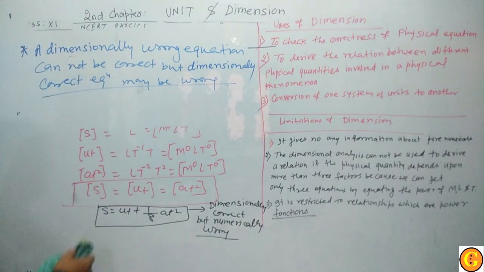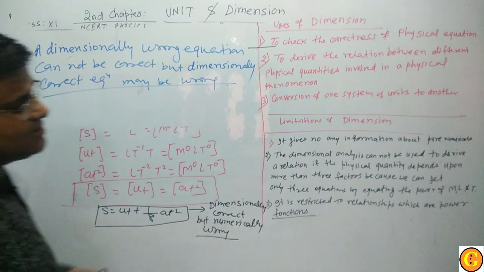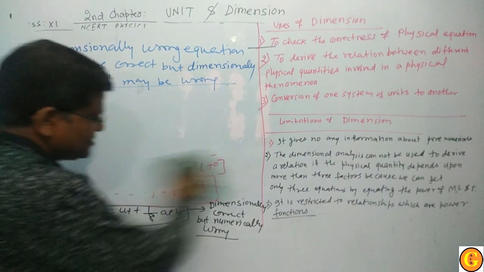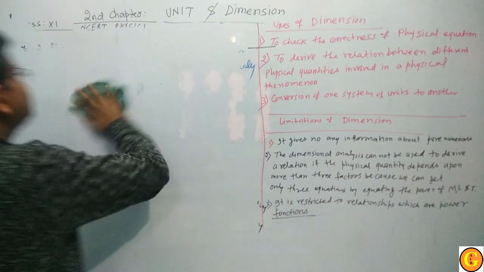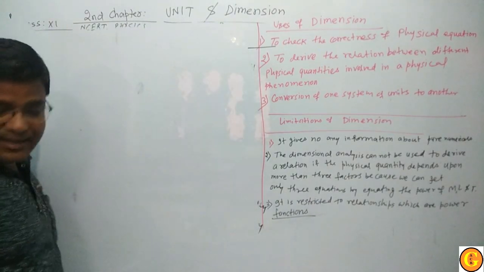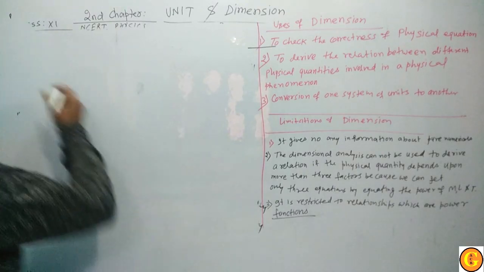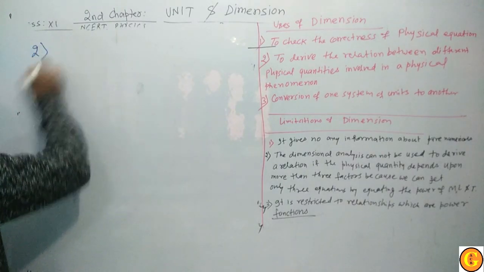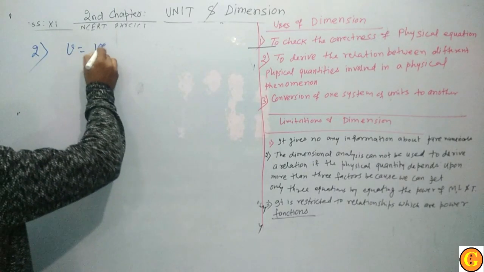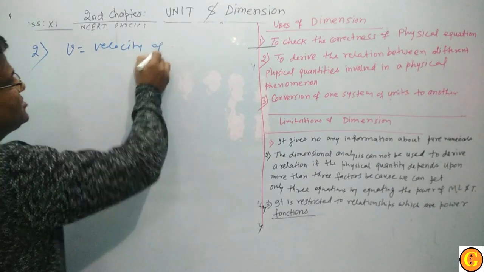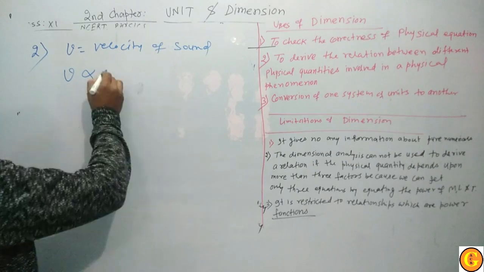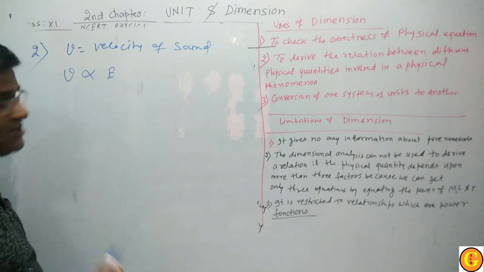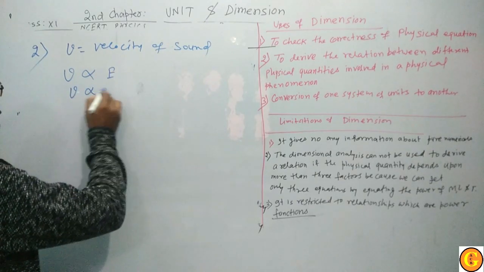And the second use is to derive the relation between different physical quantities. Yes, we can derive a physical equation with the help of dimensions of physical quantities. For example, use number 2. V is the velocity of sound, and this V depends upon the modulus of elasticity of the medium and the density of the medium.